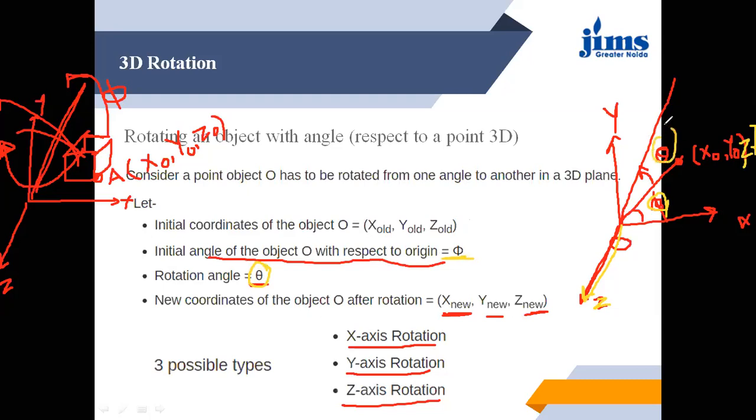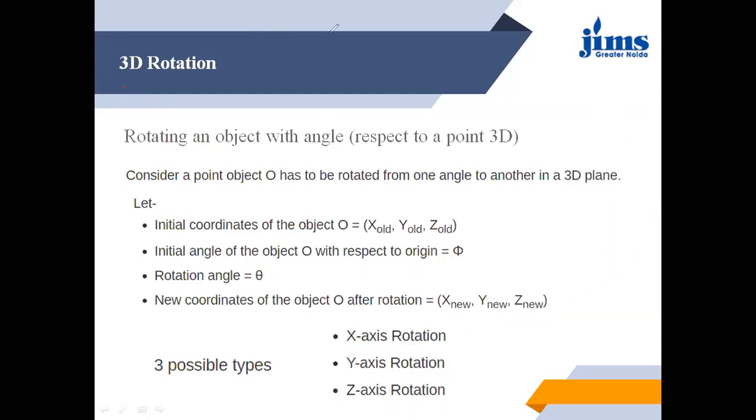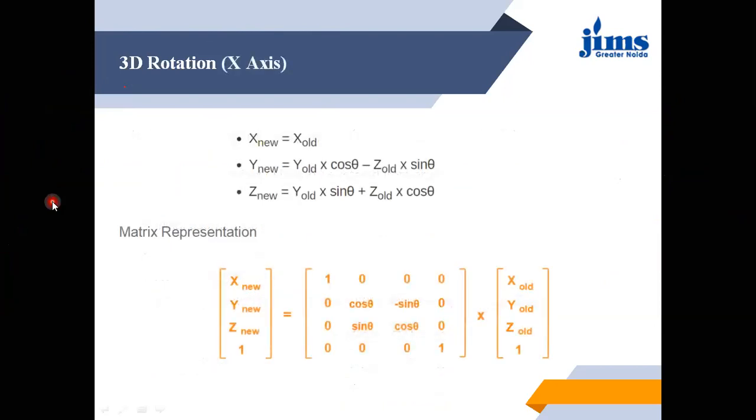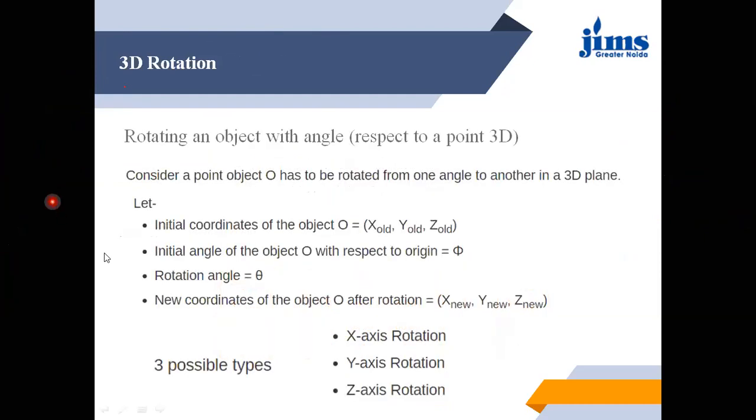So these things are given to us and we have to find the new coordinates of the object after the rotation. So this is our motto, to find out the new coordinates. As I told, there are three possible ways that we can rotate: with respect to the x-axis, the y-axis, or the z-axis.